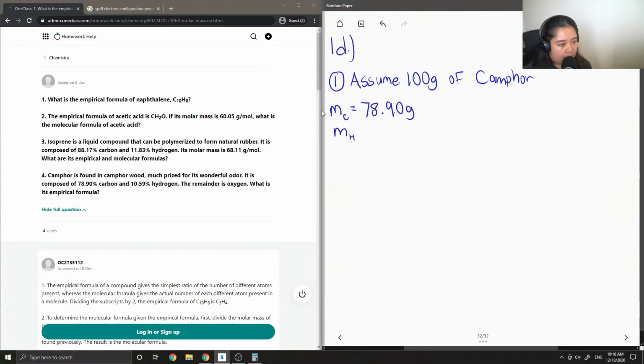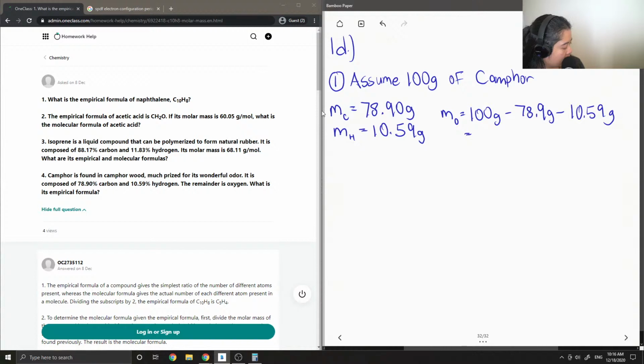And the mass of hydrogen is 10.59 grams. This means that the mass of oxygen is equal to 100 grams, subtract 78.9, and then subtract 10.59 grams. And this gives us the mass of oxygen, which is 10.51.